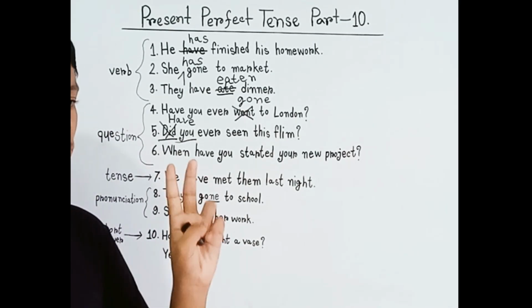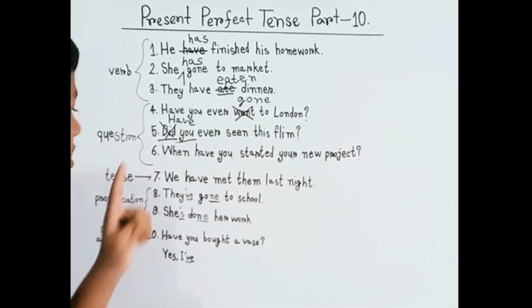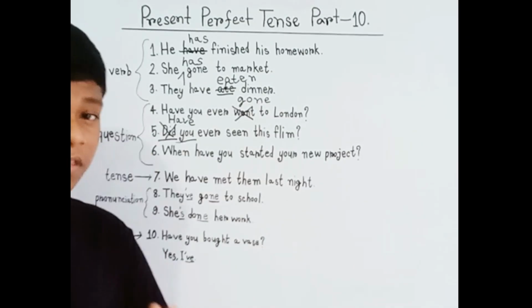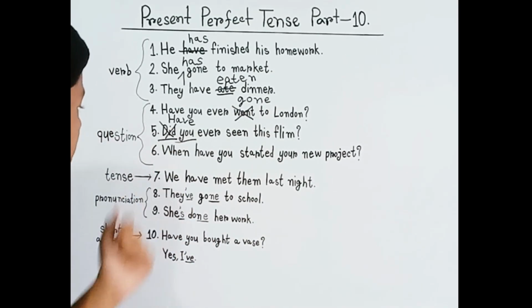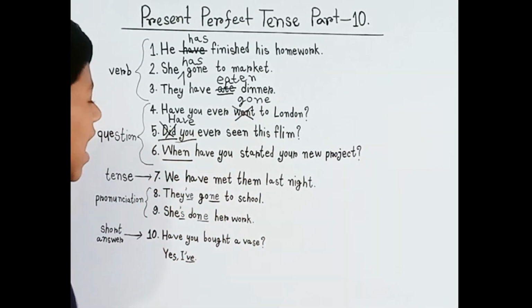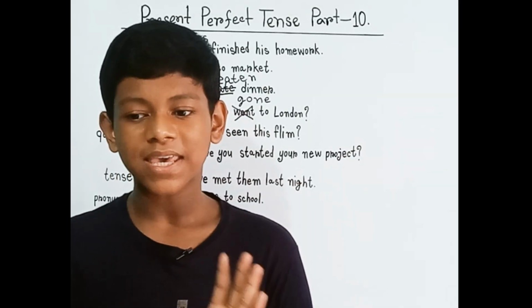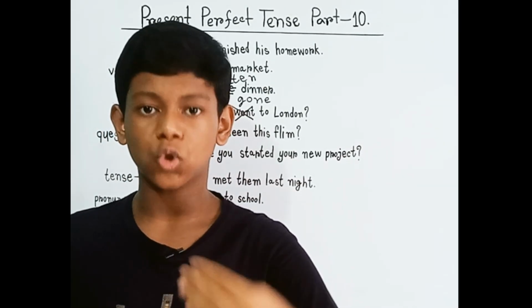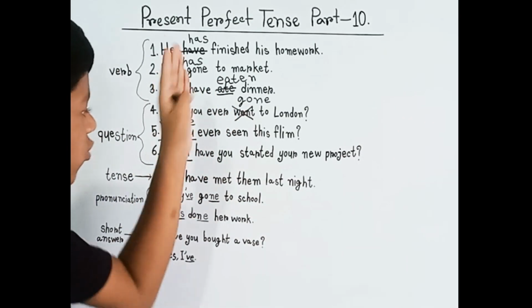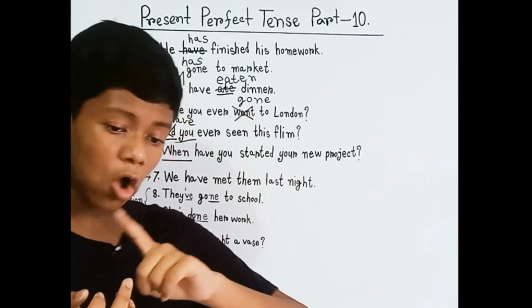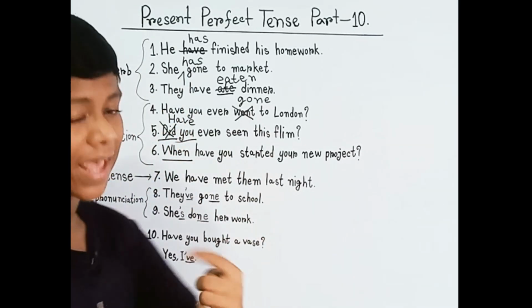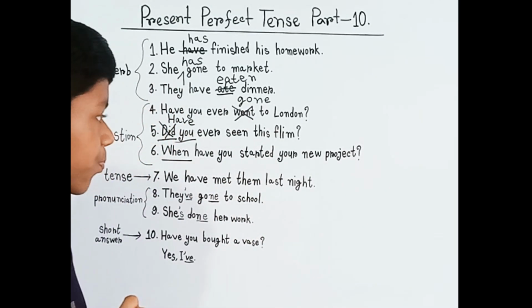Our main mistake is that we have used when. I have told you multiple times that when isn't used with present perfect tense, because when is used with past simple and other tenses.